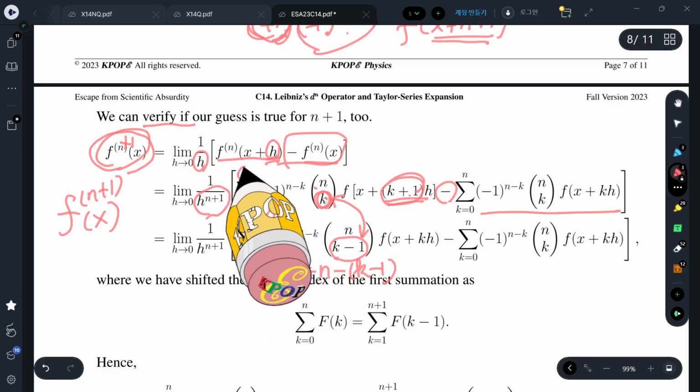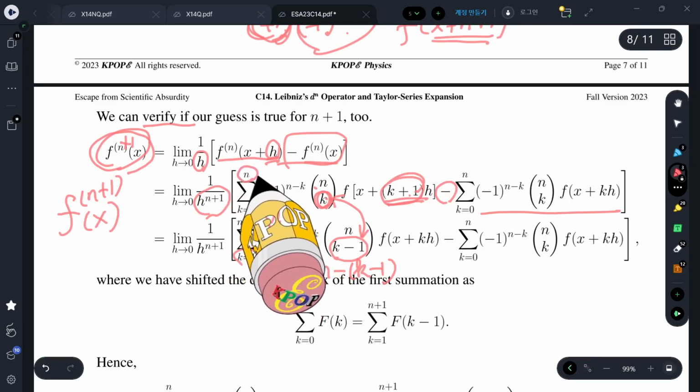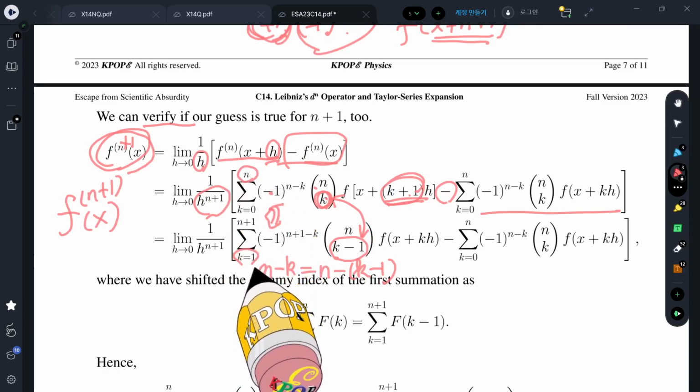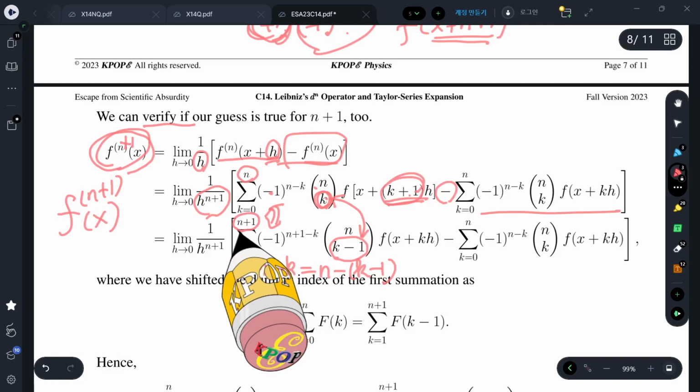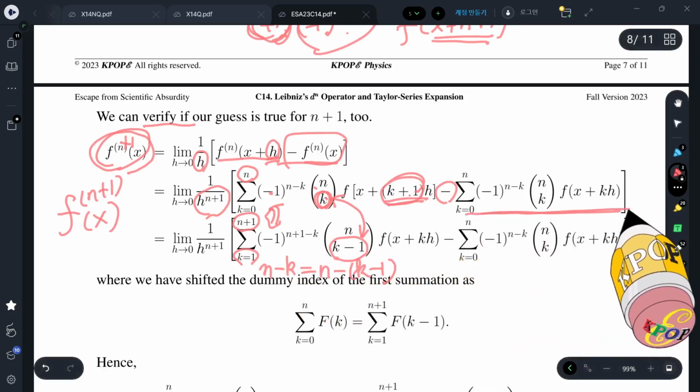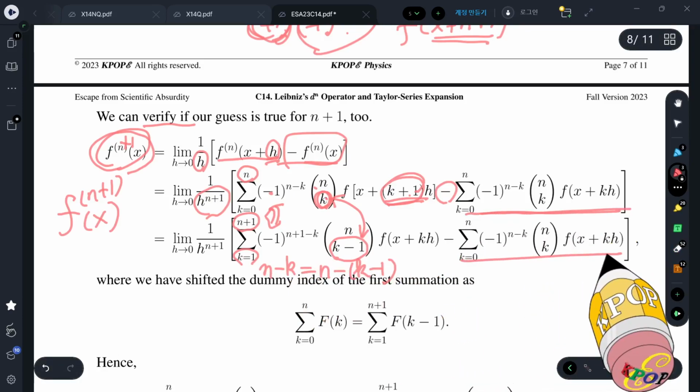And this one, this k reached endpoint n. However, I have added 1. Therefore, endpoint is n plus 1 instead of n. And I have not changed these terms.